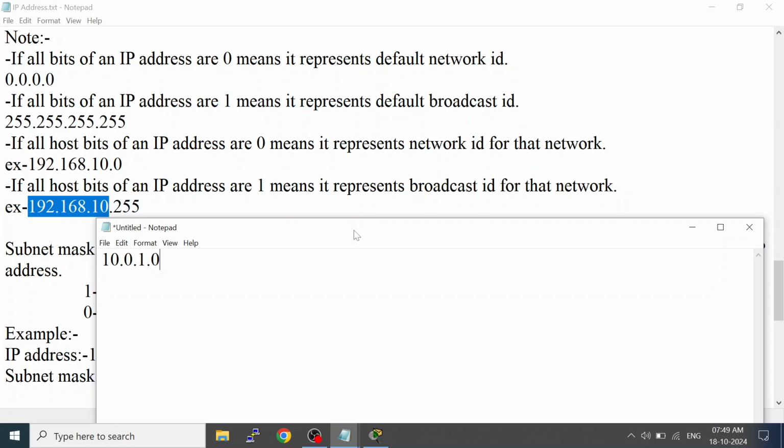Valid or invalid? Class A, 3 blocks host. So all host bits are 0, all 1, then valid. Understood? The rule says all host bits should not be all 0 or all 1. Valid or invalid? Invalid. Just now I taught you.